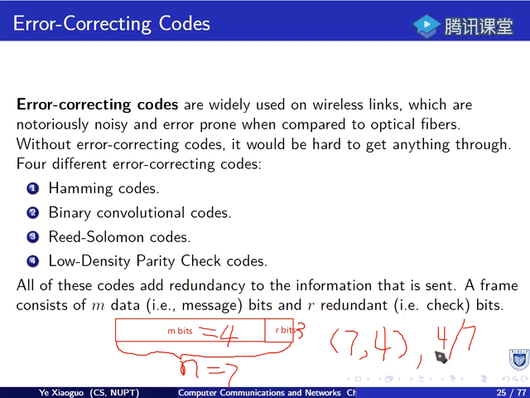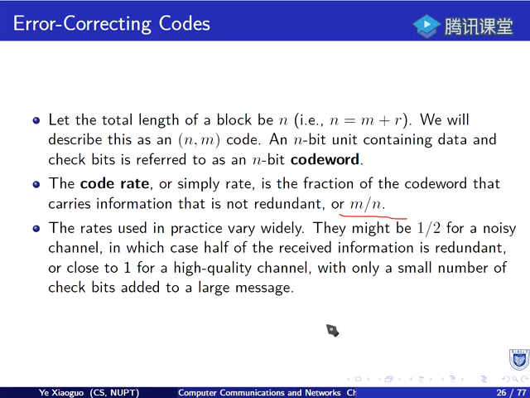That is the utilization or efficiency rate, 4 sevenths, right? The rates, or efficiency, or utilization of codes used in practice vary widely.